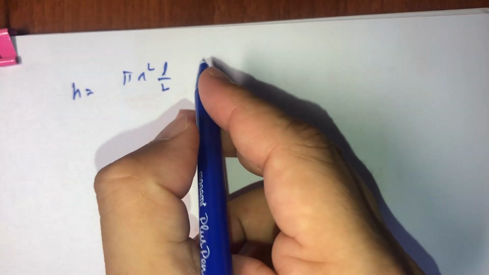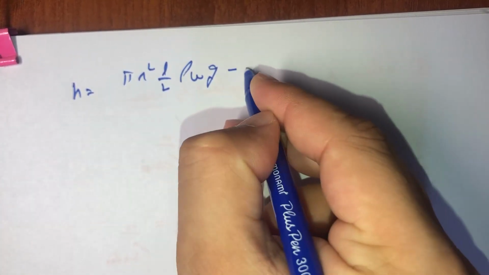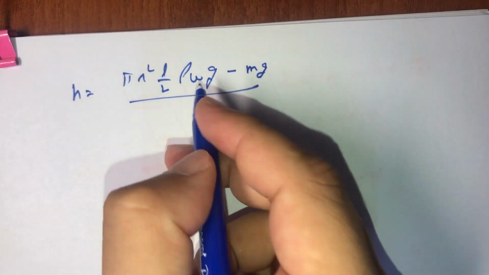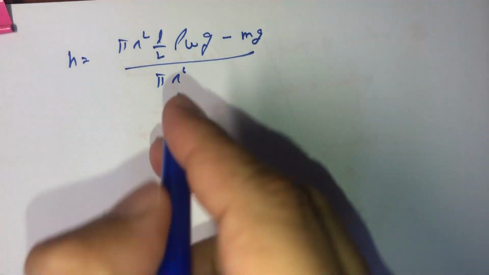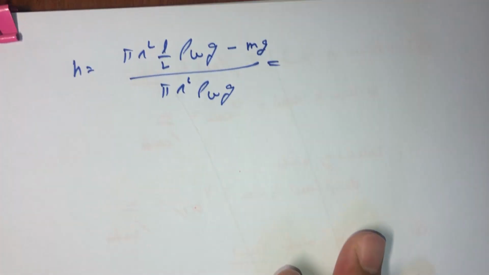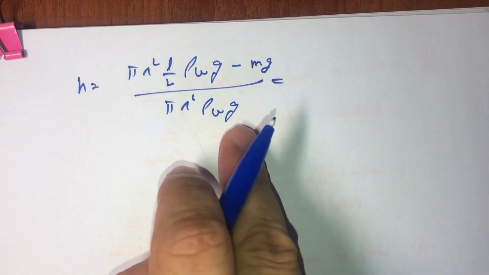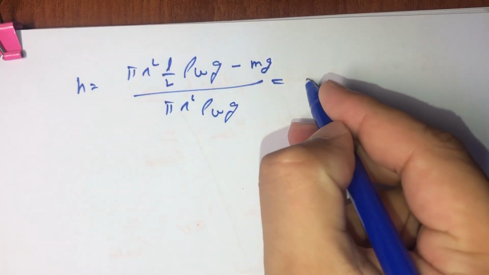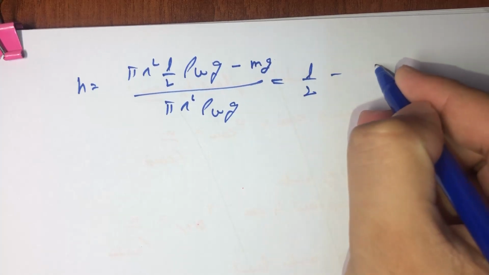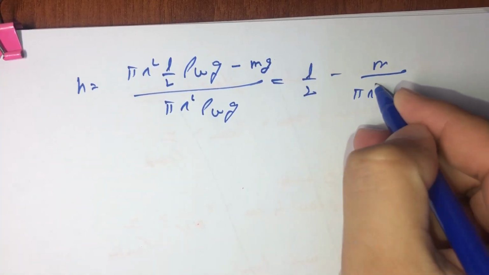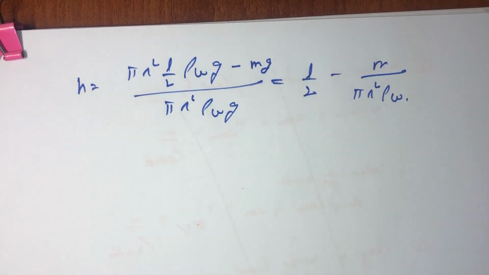Now we are going to solve for h. So you can directly write that h will be equal to pi r square L by 2 rho w g minus mg divided by pi r square rho w g, which can be further written, separating the denominator, as L by 2 minus m over pi r square rho w, where m is the mass of the cylinder or shell.